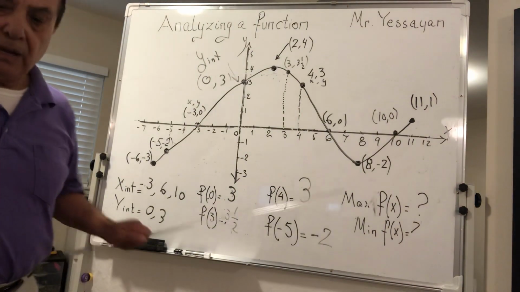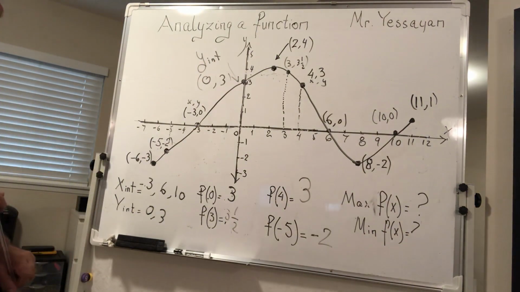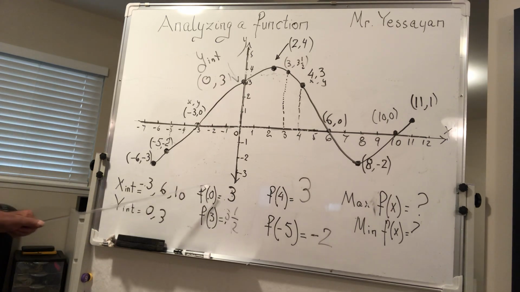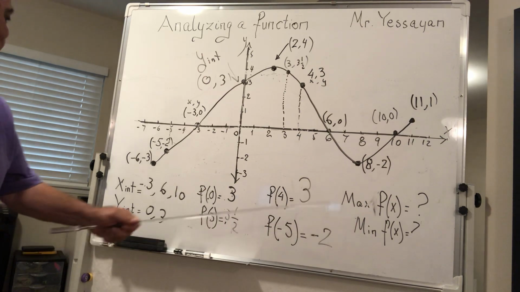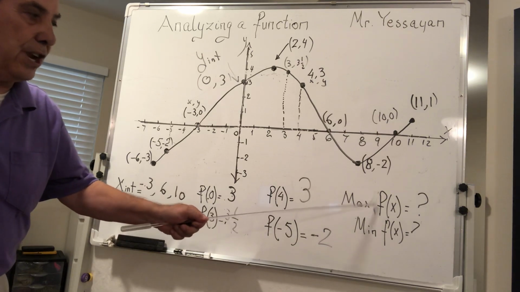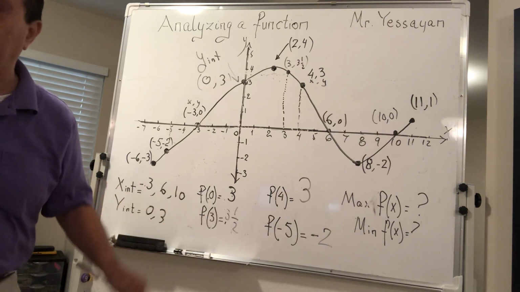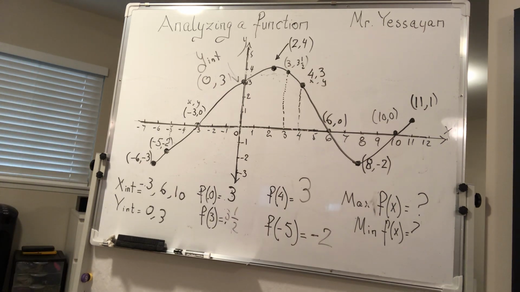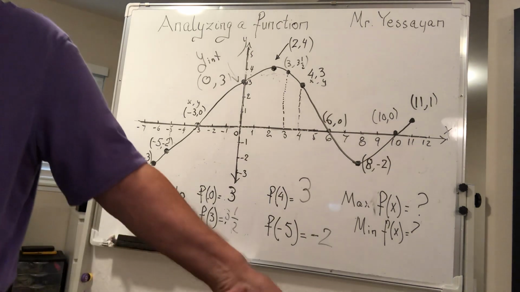Now, after doing this, we're going to find something else. Here, you see, this is f0, which means when x is 0. When x is 3, find the value of the function, which is the y. Look at this one. The question here is, what is the maximum f(x)? f(x) is your y.